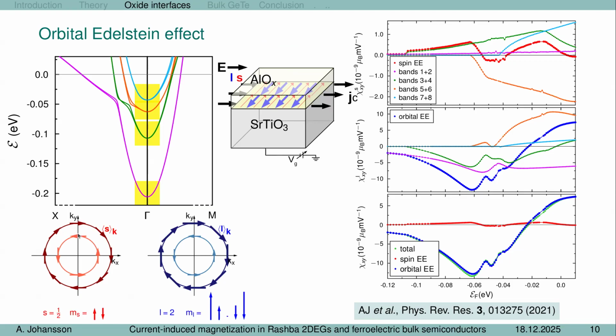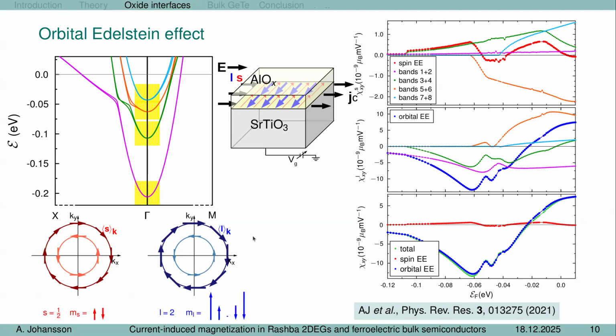So let's look at the corresponding spin and orbital textures. Close to the band edges, both of them are Rashba-like. But as I said before, for the spin, we have more or less equal length of all the expectation values. But for the orbital moment, we have rather large moments at the outer circle and only small ones at the inner one.